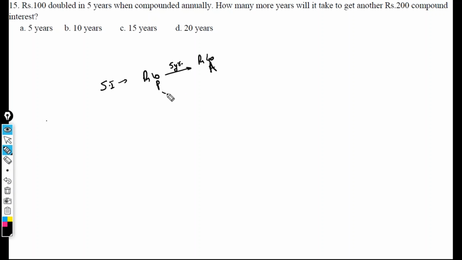Can I say that in these 5 years we have earned an interest of rupees 30? So in case of SI, for the same period of 5 years, interest earned is always the same value. So in another 5 years, you will be earning another 30. So your amount becomes 70 from 40. In another 5 years, it will be 70 plus 30, 100. So it keeps on increasing like this only. Is this concept of SI clear, everyone?